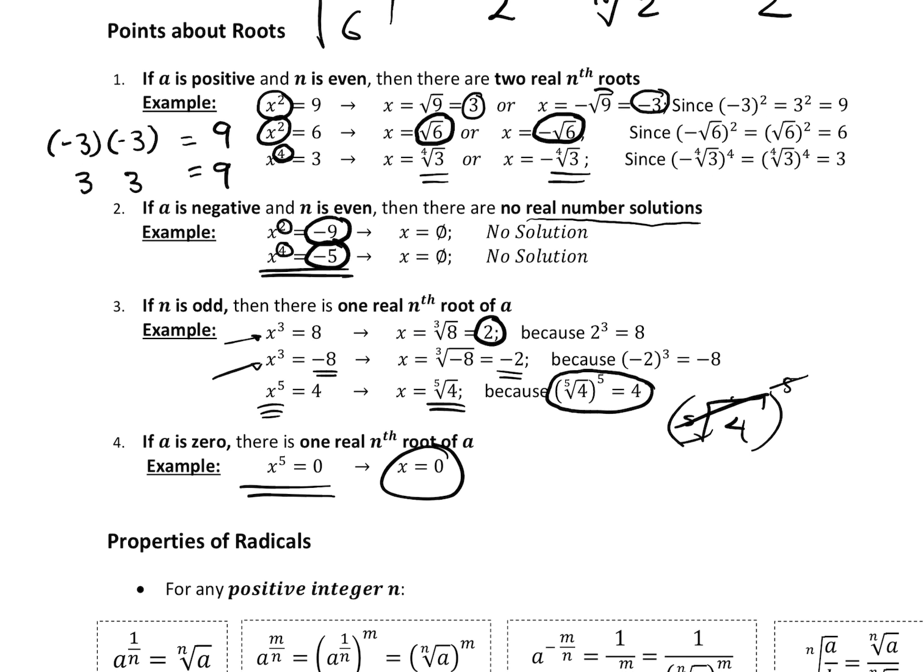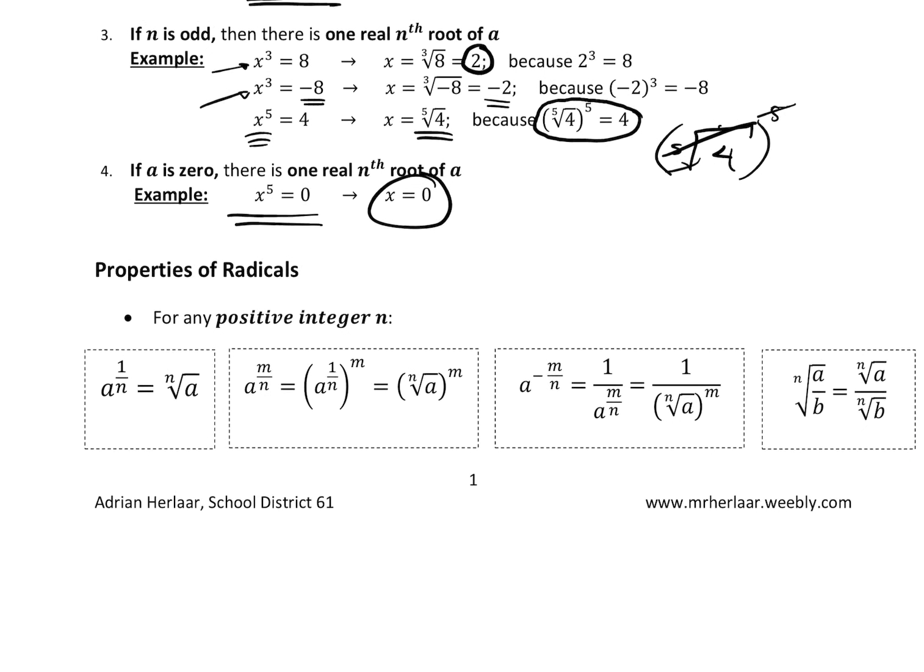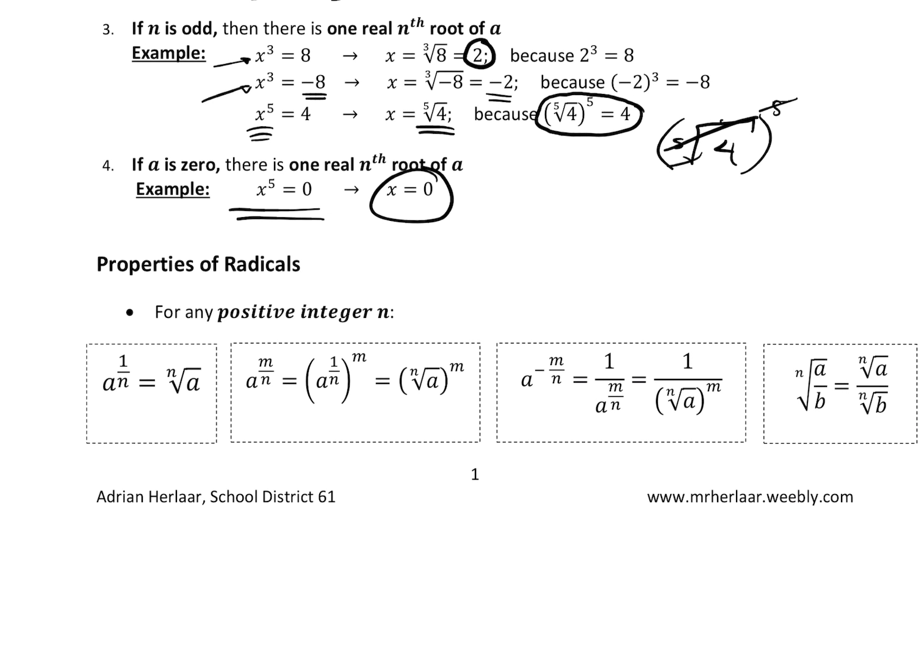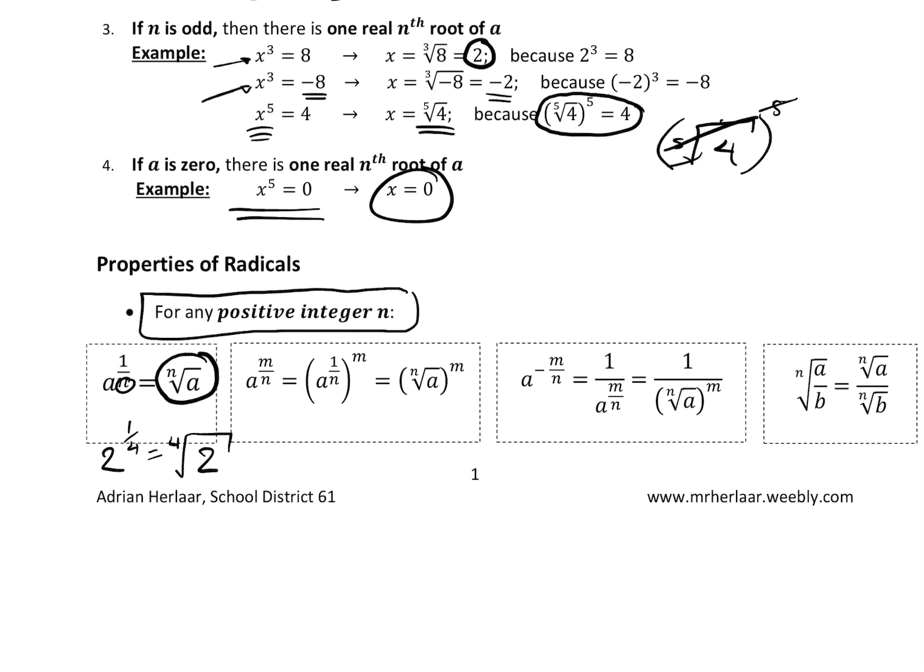So just a reminder of the properties that we looked at. This is for any positive n, which means that number is positive. So 1 over n is the nth root of a, so 2 to the power of 1 over 4 is the fourth root of 2. We did this last section. This is just more abstract.